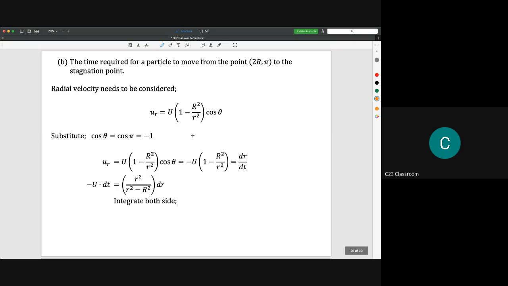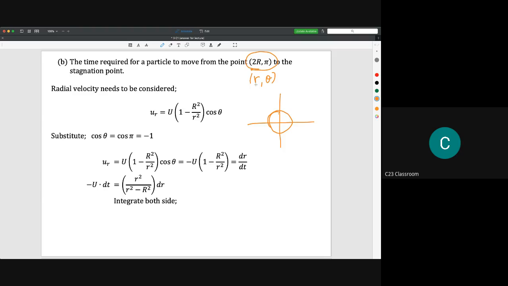And then for this one, the time required for a particle to move from point (2r, pi) to the stagnation point. The idea is that if we have a cylinder here, the coordinate (2r, pi) means the location: we have the angle here, and the location is 2r. In this coordinate system you will have r and theta.